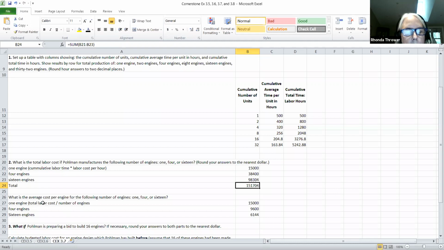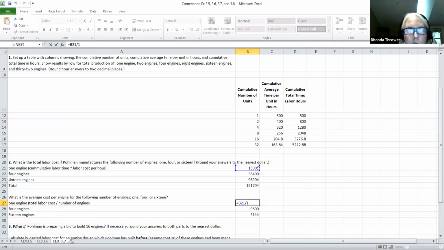In the second part of part 2, it says, what is the average cost per engine for each of the following number of engines? We had 1 engine, 4 engines, and 16 engines. So for 1 engine, we're going to take our total labor cost, which we just found, and divide it by the number of engines.